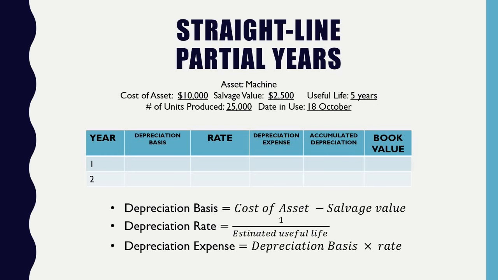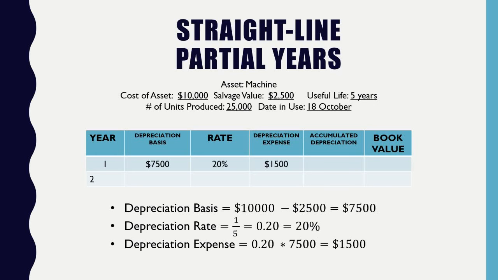So with that being said, here is our information. Let's solve for the depreciation expense: the basis, rate, and then expense. So what is my depreciation basis going to be? 7,500. Okay? And what's my rate going to be? 20%. And so my depreciation expense is going to be 1,500.